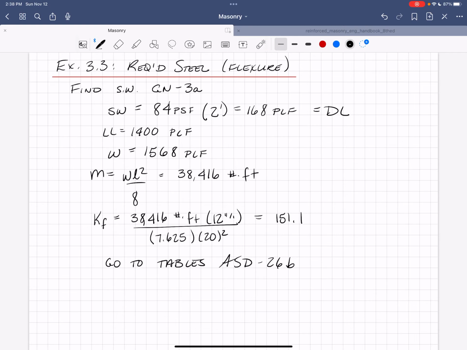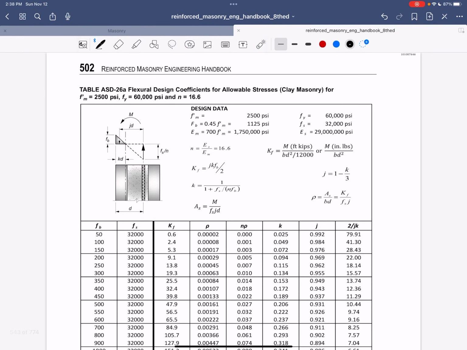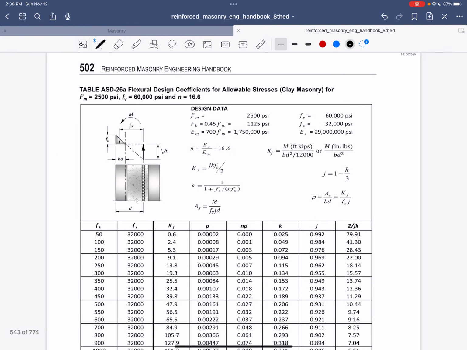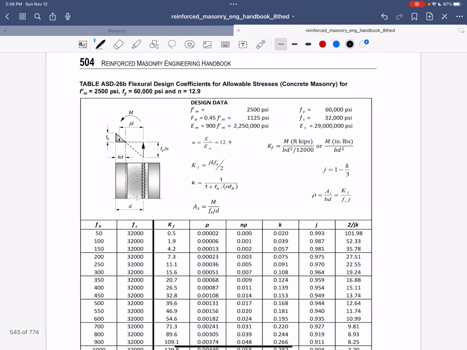Tables 25 are the ones with the 2000 that we've been doing. 26 starts to get me into the 2500 range. This one's clay, I don't want that. This one is clay, I don't want that. Here we go. Here's concrete masonry. Got the right values for my masonry and steel. And so now I just need to go in and take a look.